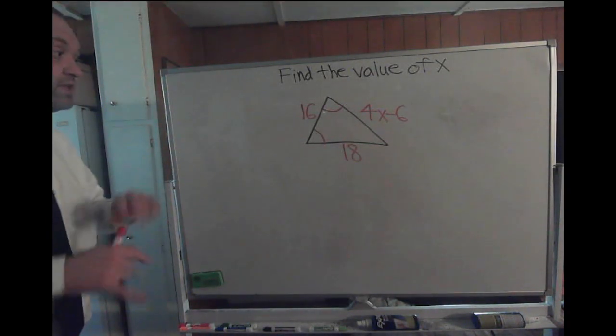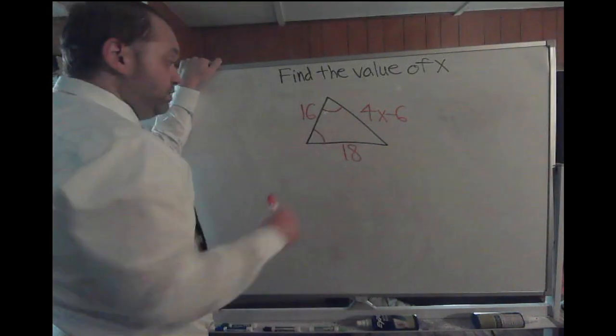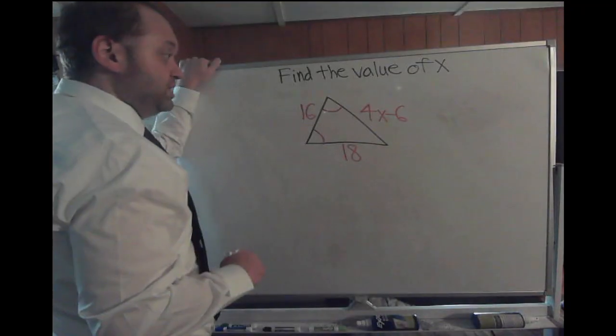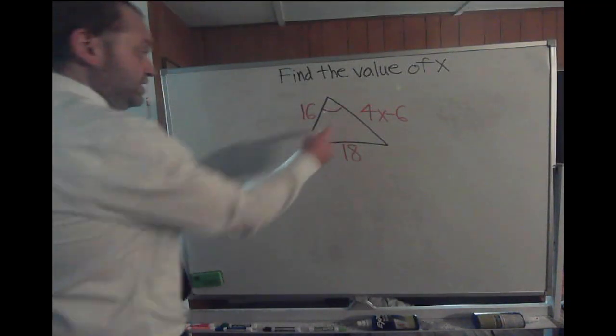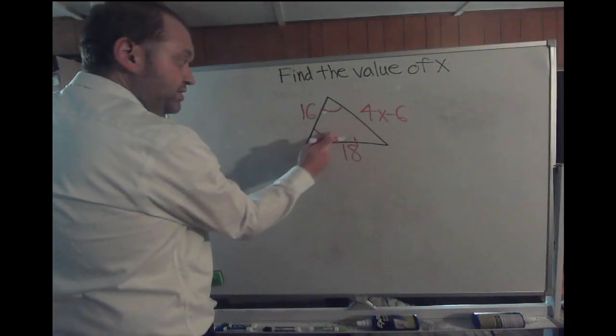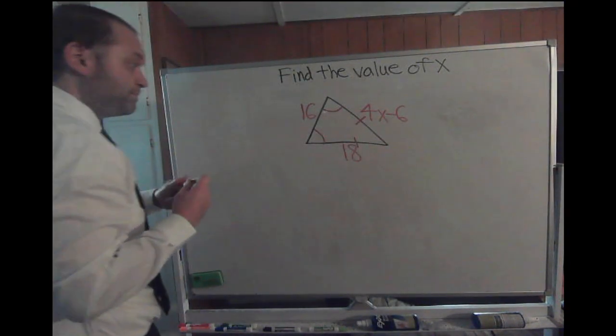So we don't even know the angle measurements, but that's okay. Because we do know that we have two congruent angles of this triangle, which means the sides opposite those angles are congruent. This side here is 18, which would be congruent to this side here, opposite the congruent angle, which would be 4x minus 6.